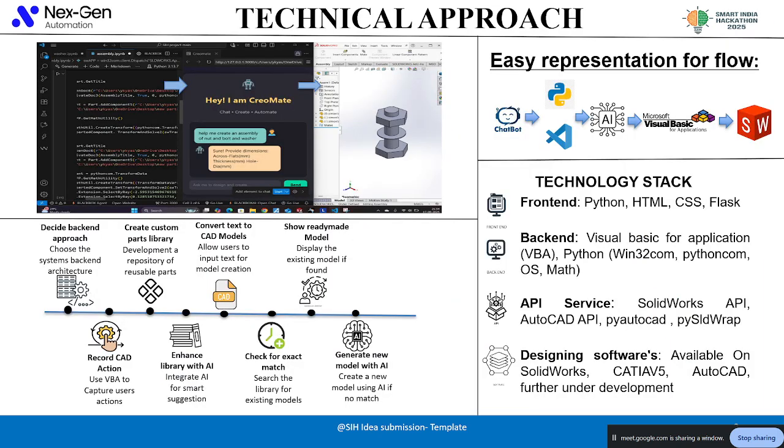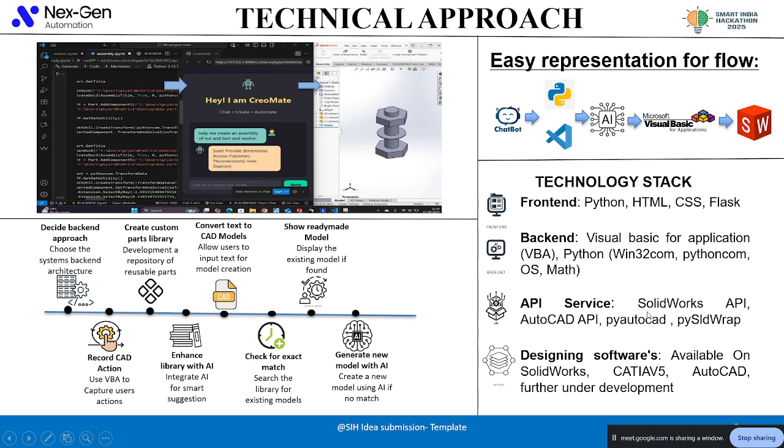As you can see here, the technologies we are using are Python, HTML, CSS, and Flask. For the backend versions, we are using Visual Basic for Applications language, which is the backend designing language, and the code is written mostly in Python and implemented in VB according to the software requirements.